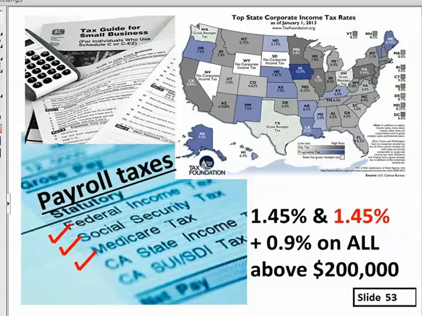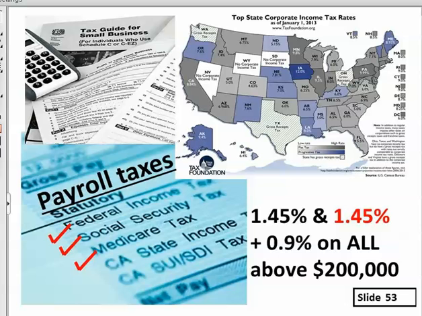Continuing, what about Medicare? Medicare is a special tax for the elderly that are on Medicare, but everyone has to pay it anyhow. So what happens is the employees will take 1.45% of their pay, which you have to withhold, and send for Medicare. You have to match that, and out of your own pocket, send another 1.45% of their pay, and you have to keep doing that up to a certain level, up to $200,000.